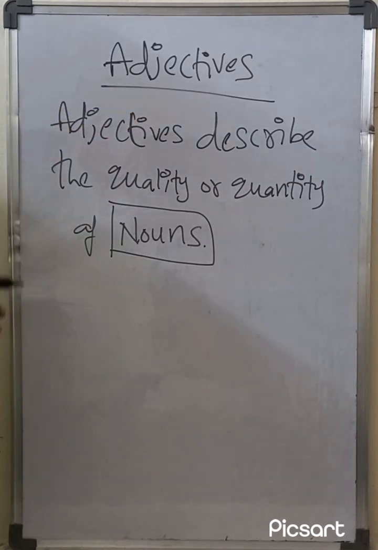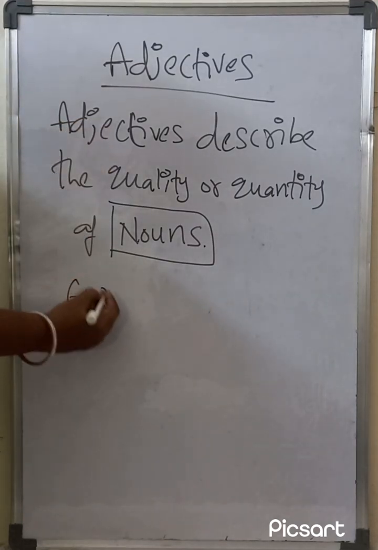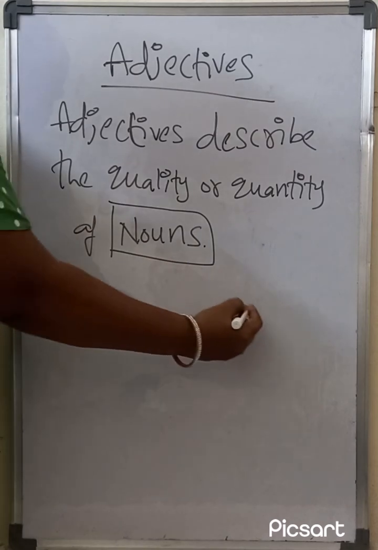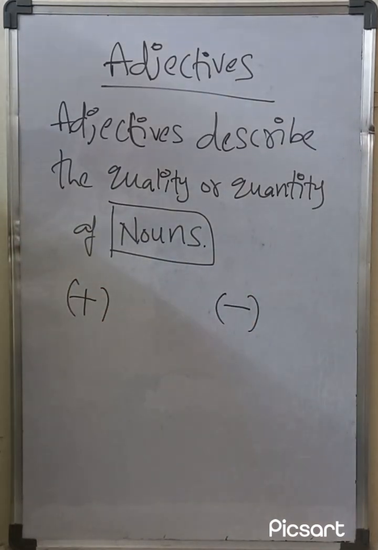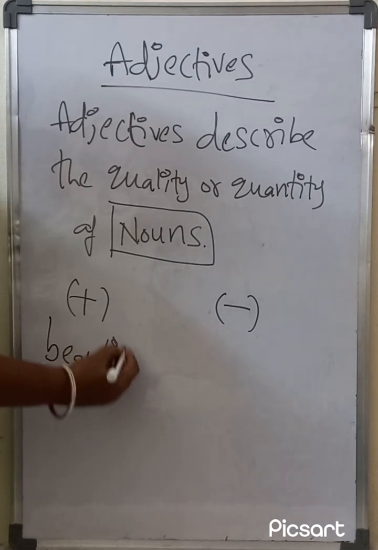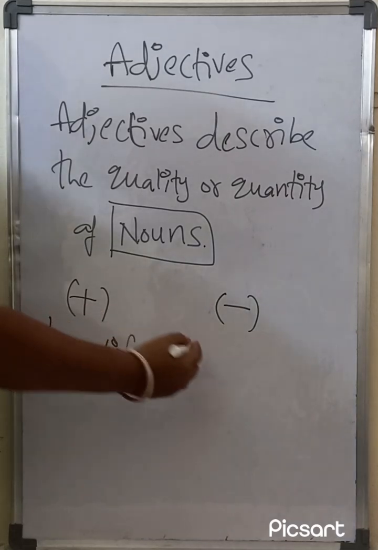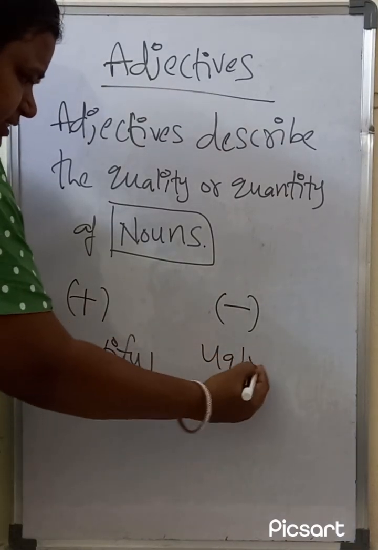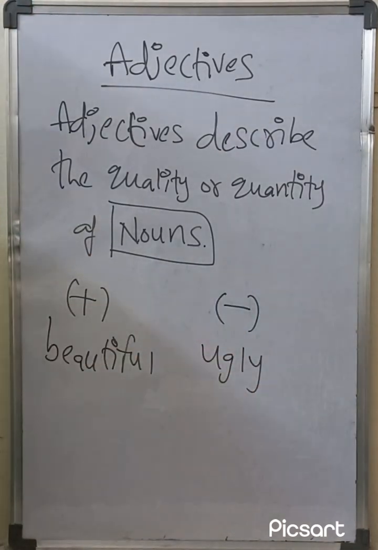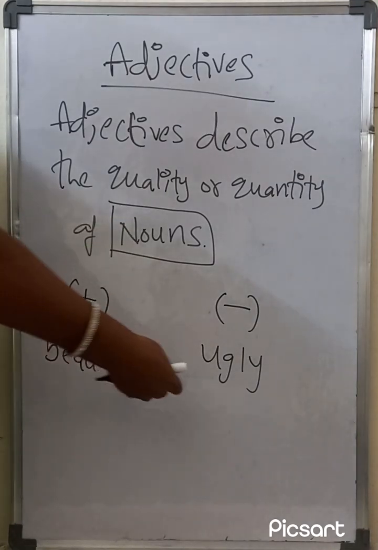Okay. Now the first thing we need to know is that adjective words can be positive and can also be negative, guys. If I say the word beautiful, that is a positive adjective. If I say ugly, that is a negative adjective, guys. So we can describe any noun, a place, a person, any noun, as positive or negative.